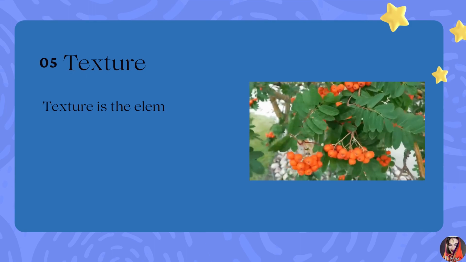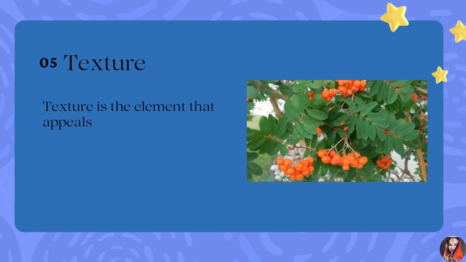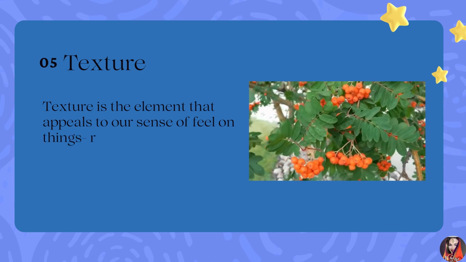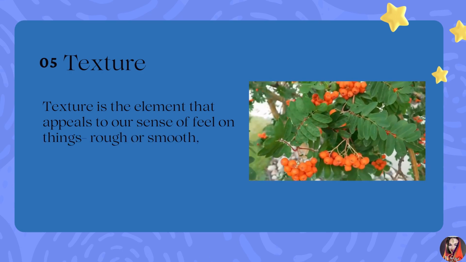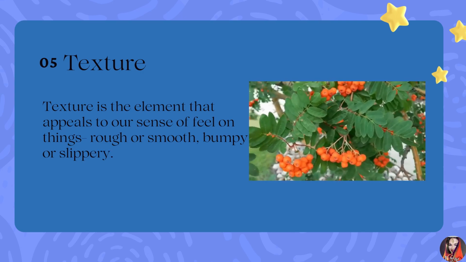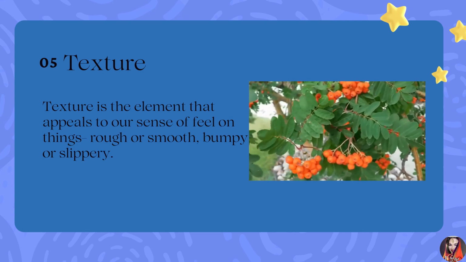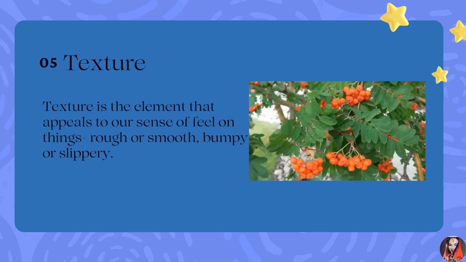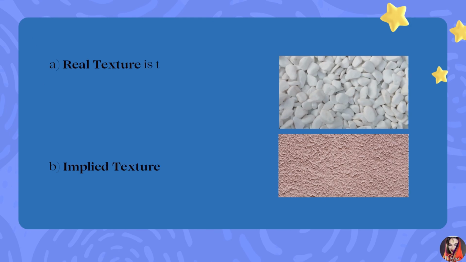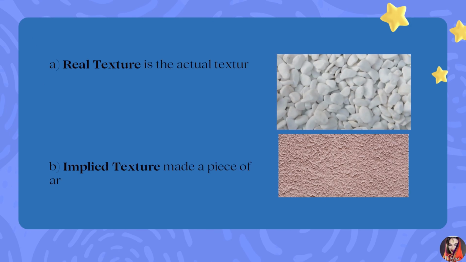Number 5 is texture. Texture is the element that appeals to our sense of feel on things, like rough or smooth, bumpy or slippery. It is the character of the surface of an artwork. Real texture is the actual texture of an object.